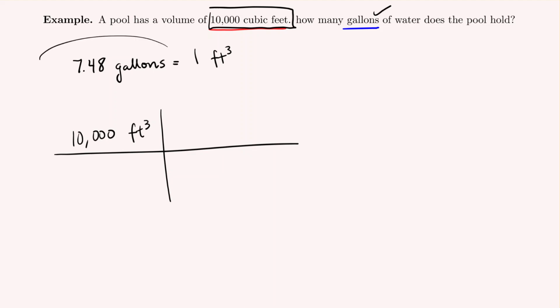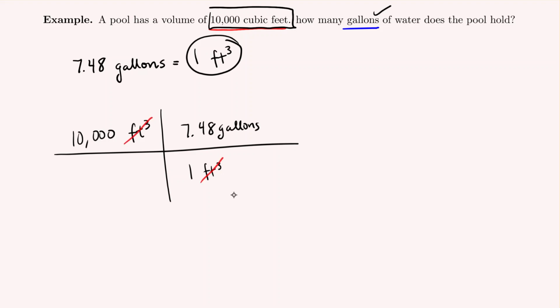So we write, since we want to get rid of the cubic feet, we write the cubic feet value below. 1 cubic foot is equivalent to 7.48 gallons. And the way our chart works is we know what's above and below cancel, so the cubic feet cancels. Numbers at the top multiply. Numbers at the bottom divide.